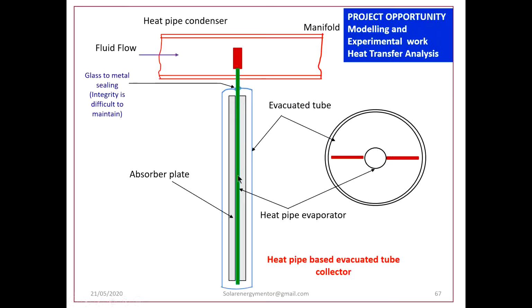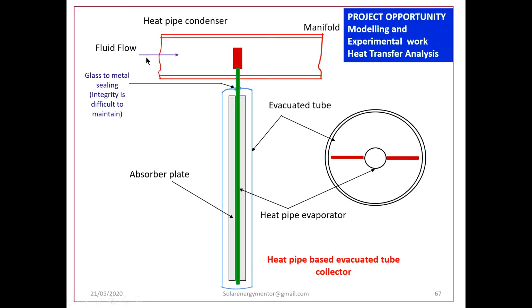Now this heat pipe is exposed to the solar radiation, and the heat pipe receives heat. The absorbers receive heat and they transfer heat to the pipe here, and then the fluid becomes hot in the evaporating section, and then from the evaporating section the fluid rises and transfers the heat to this metal tip. Now this metal tip is inserted into a manifold.